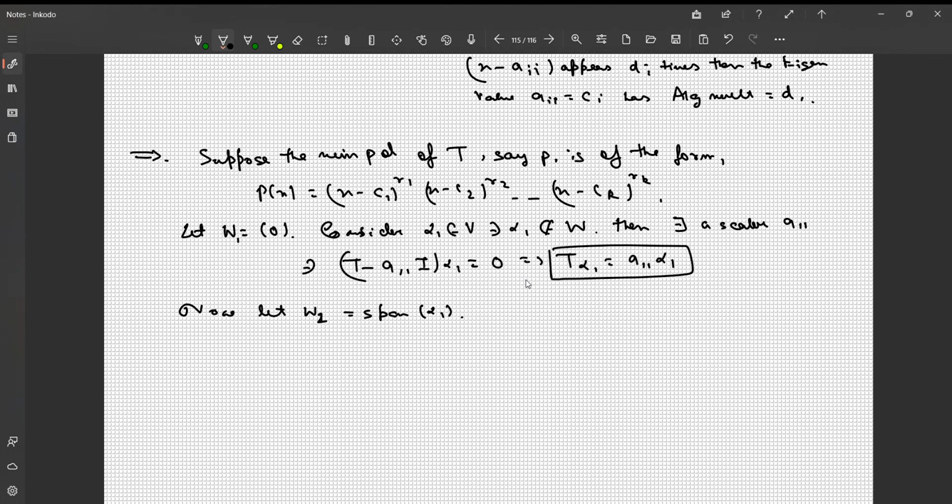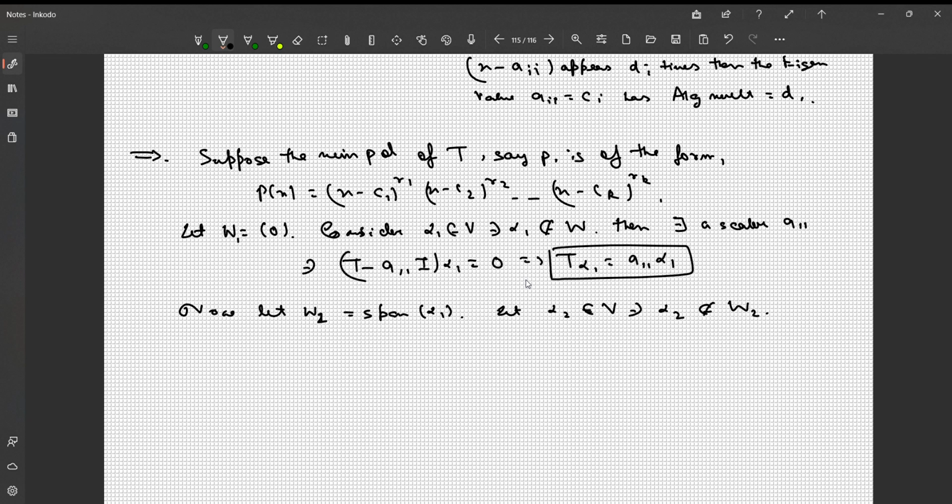We did not discuss the eigenvalue, but alpha 1 is surely an eigenvector. So if alpha 1 is an eigenvector, then W2 is an eigenspace because it's the span of alpha 1. So obviously W2 is T-invariant, right? We have discussed in the previous lecture that eigenspaces are T-invariant.